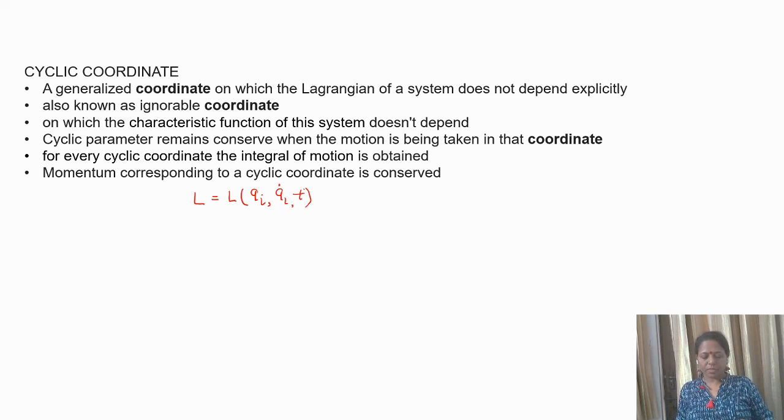Now, there may be a situation where one of the generalized coordinates is not present in L. Here your i goes from 1 to n for a system of n particles, where n is equal to 3n if there are no constraints.